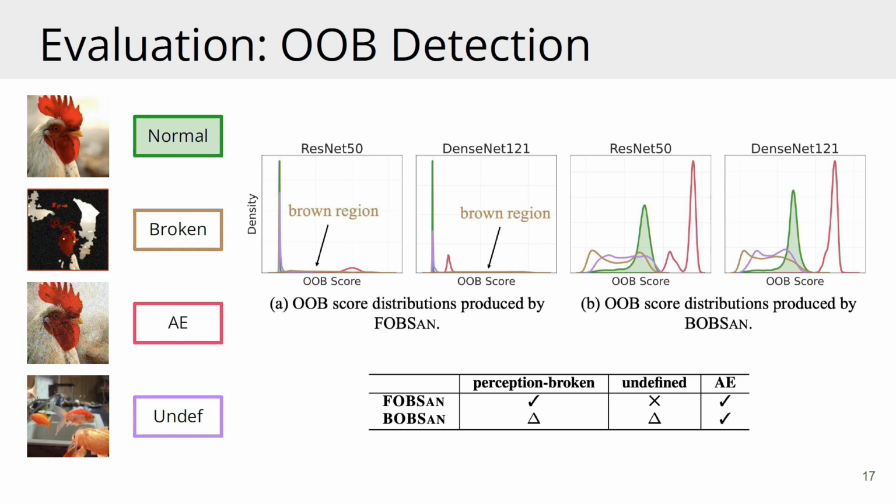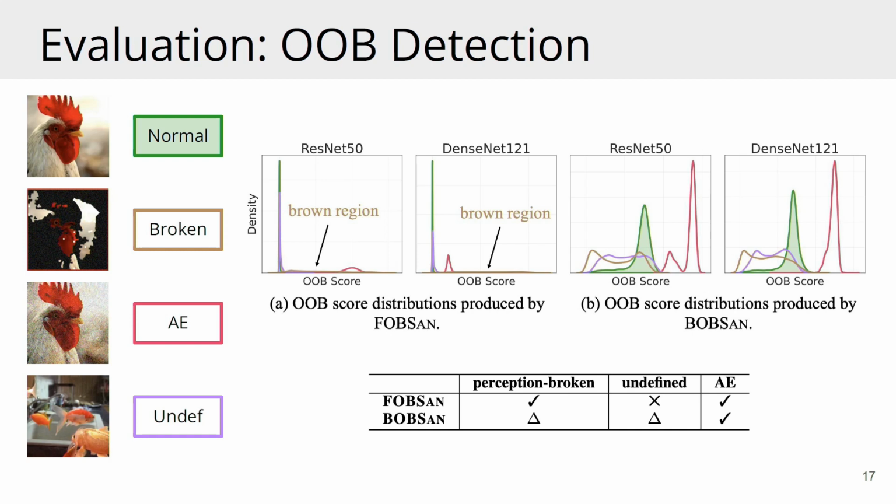On the right, we have the results. Interestingly, we found that the two variants of OBSan react differently to different types of inputs. The first two figures are the results for FOBSan. From this figure, you can see that FOBSan performs really well in terms of AE and broken inputs.